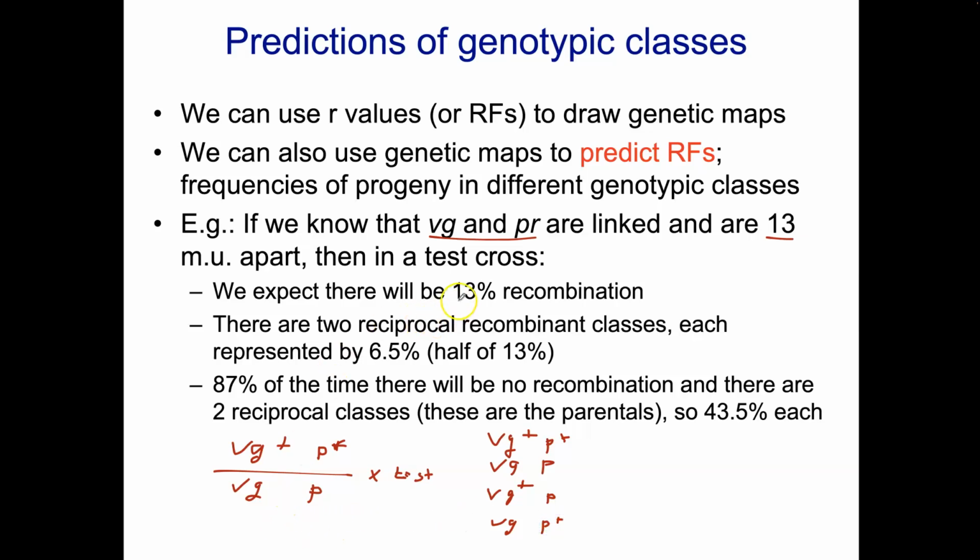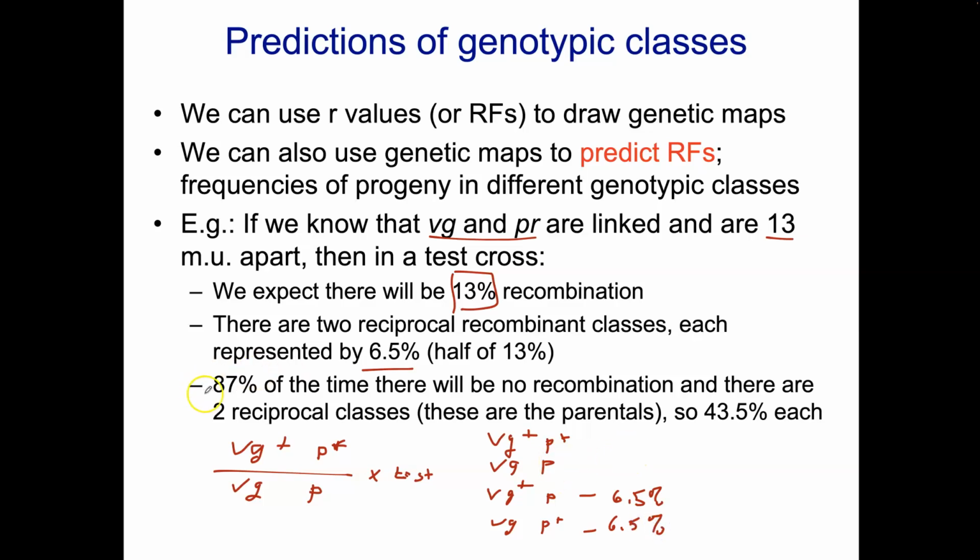So if I know that there should be 13% crossing over between vestigial and purple, then I know that half of them are going to be this type and the other half are going to be this type. So I'm going to expect 6.5% each of these. And then the rest of the chromosomes are going to be non-crossover chromosomes.